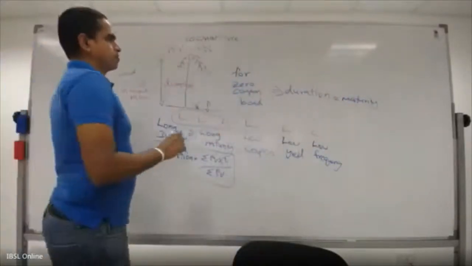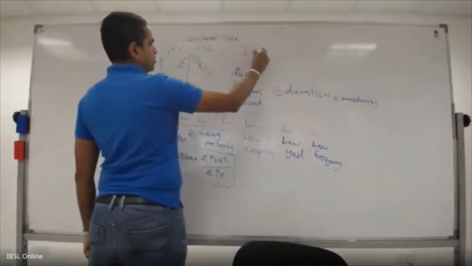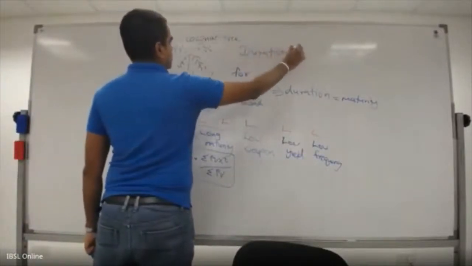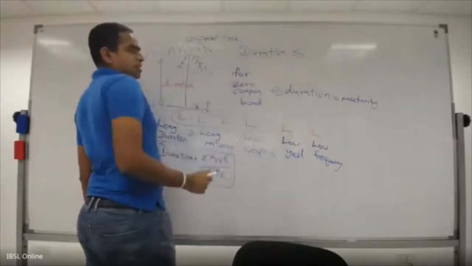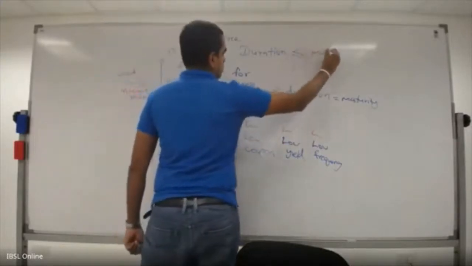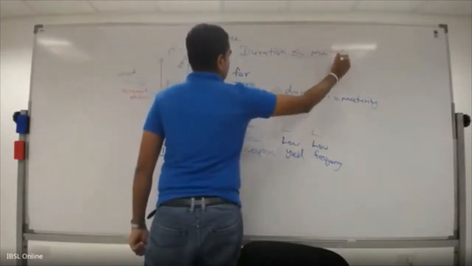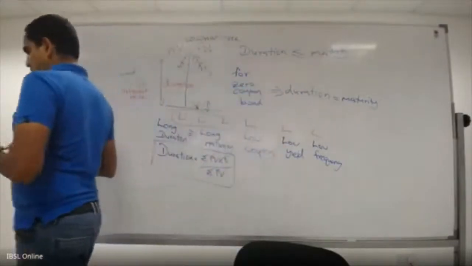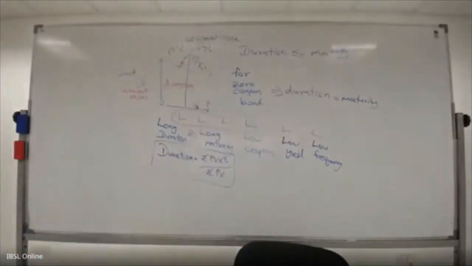Otherwise, duration is generally less than or equal to maturity. Duration should be either less than or equal to maturity. For zero coupon bonds, the duration is equal to maturity.